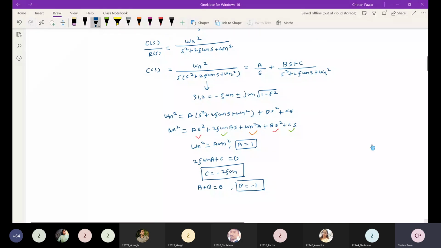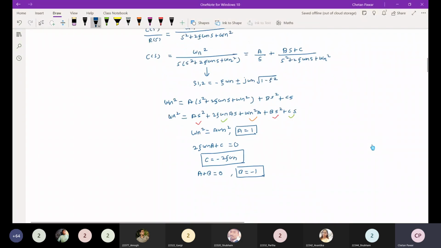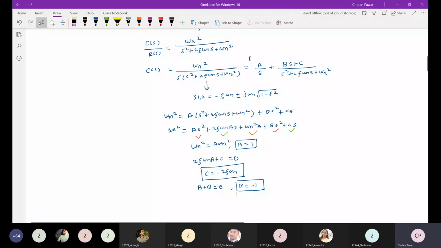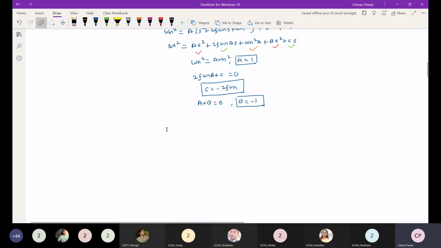So this particular equation, B is minus 1, so this will be 1 by s minus (s plus 2 zeta omega n) upon the quadratic. This is partial fraction.